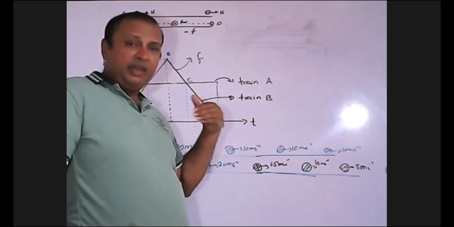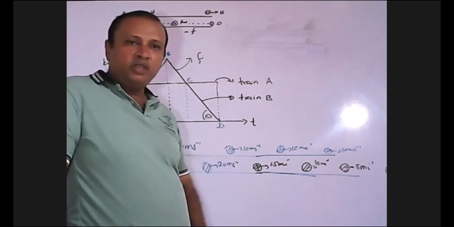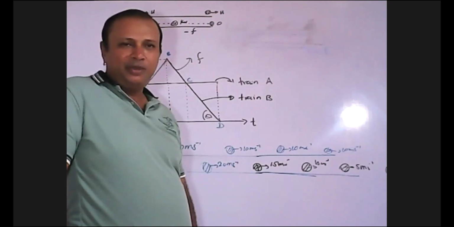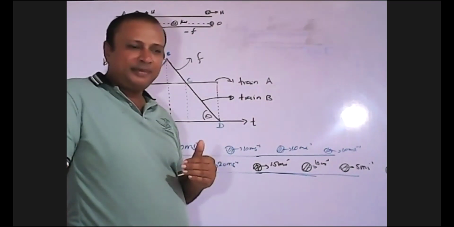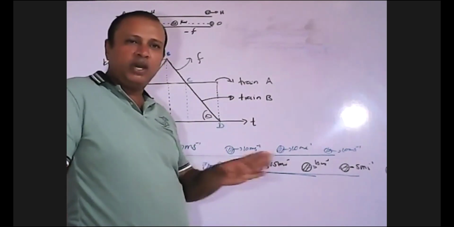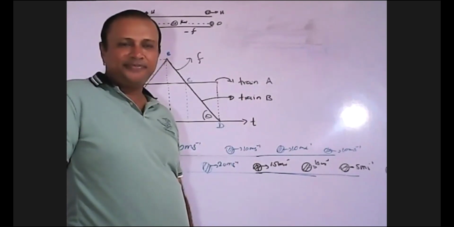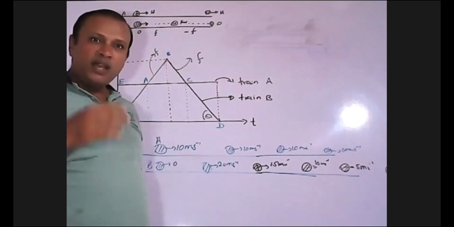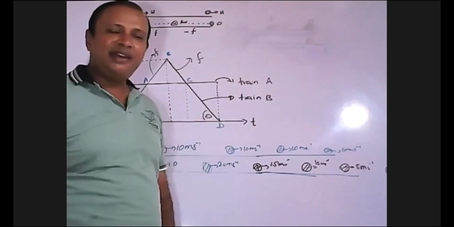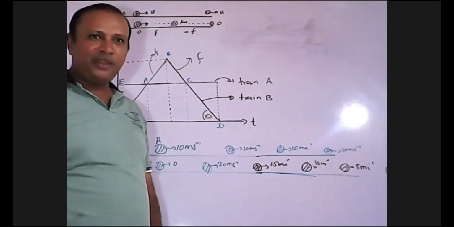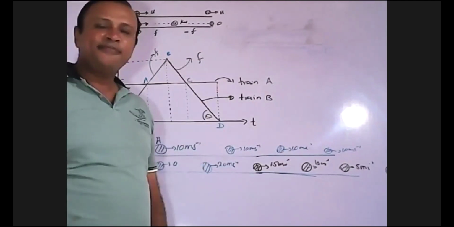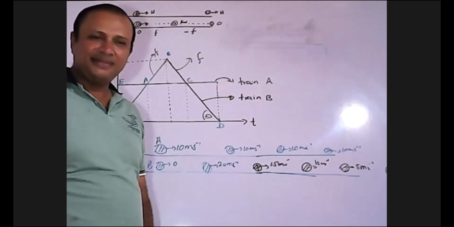That means your friend has a high speed before you. Initially you didn't have a speed. You are at rest. Once you start your movement, if you want to overtake your friend, definitely your speed should be higher than your friend's speed.